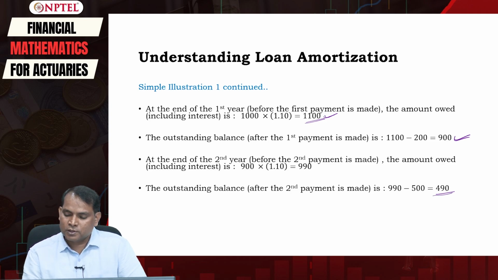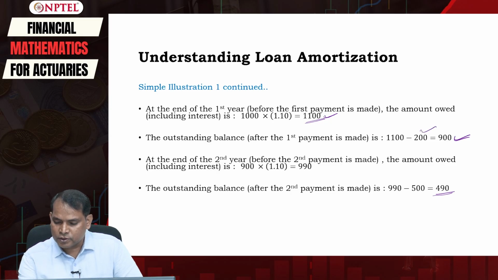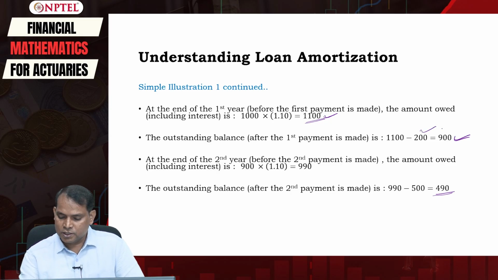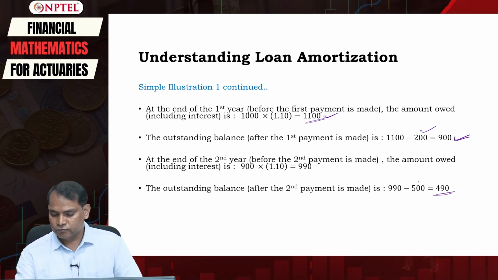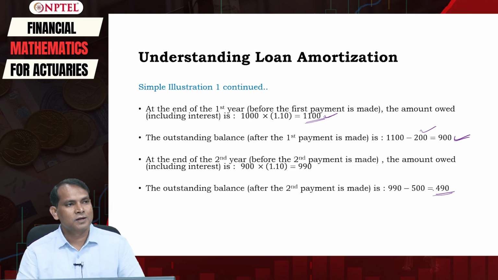Okay. Now you would be prompted to think that the first payment is 200 and the second payment is 500, and therefore the remaining balance is 490, and therefore you need to repay the 490 and close the account. But actually it is not.